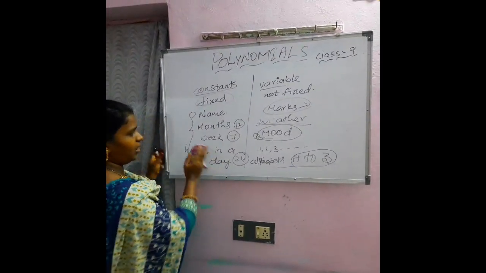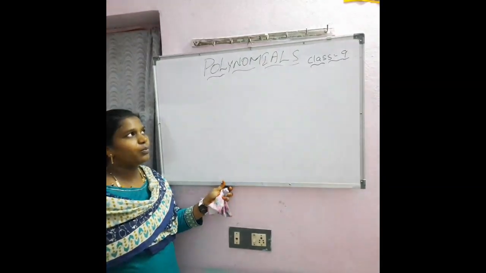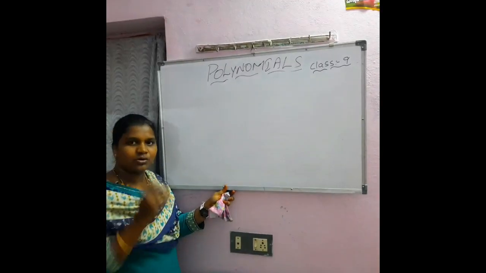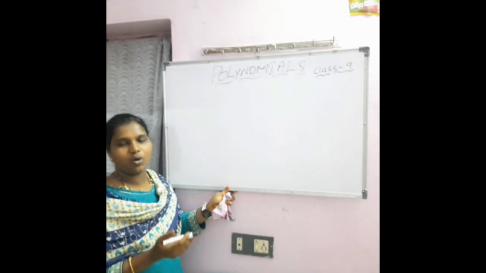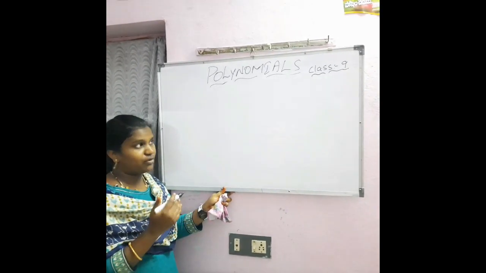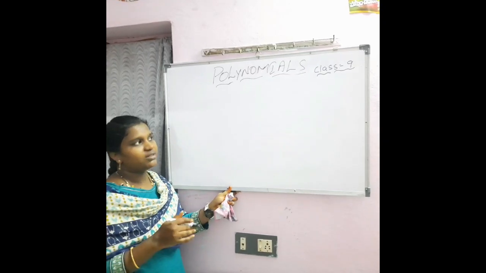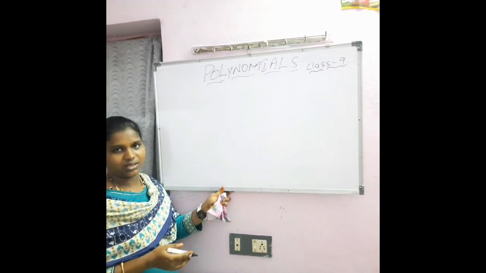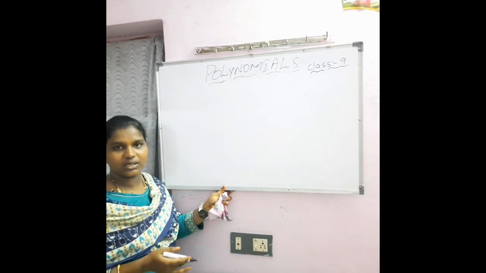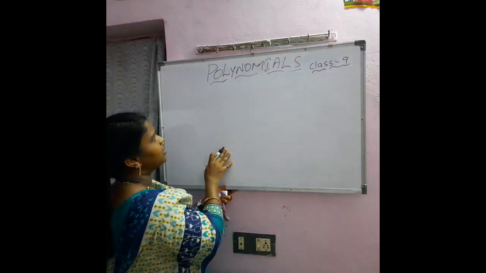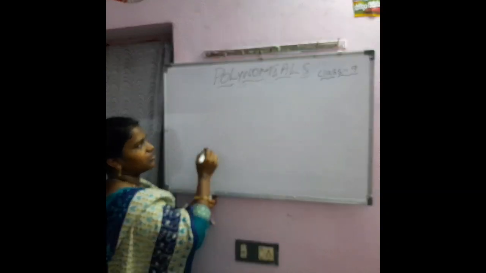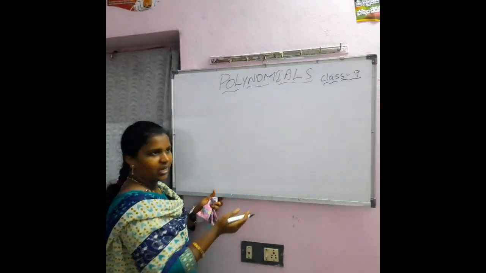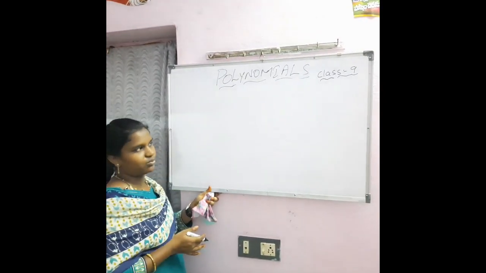Let us form a term. Polynomials are the combination of algebraic expressions. Algebraic expressions, I told you, are the combination of constants and variables with non-negative integral powers. So let us form a term now. Constants, I told you, are 1, 2, 3 and alphabets are called variables.